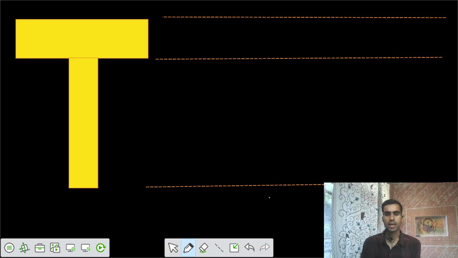So the first case is, if the neutral axis location is in the flange portion, that's in the slab portion.